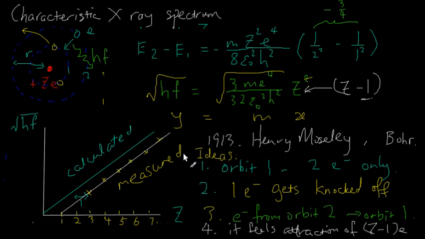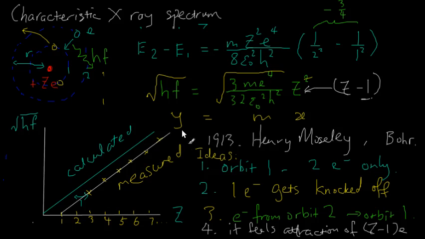So this, once again, with these simple ideas, which sometimes were just made up, sometimes don't even look reasonable, but with just a few of these simple ideas, it was possible to get very good agreement with the experimental result.